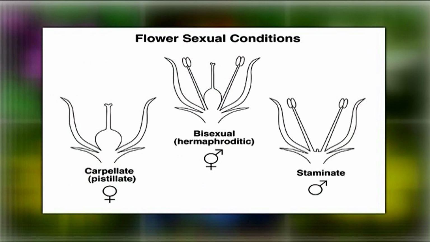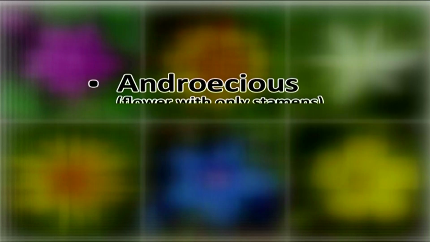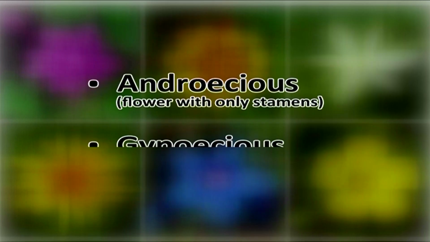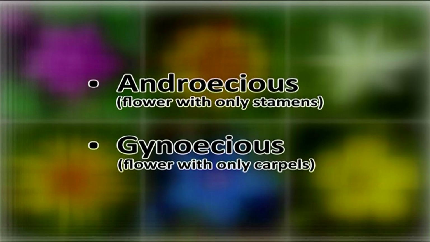Generally, a typical flower has both carpels and stamens. In some species, however, the flowers are unisexual with only carpels or stamens. A flower with only stamens is called androecious, whereas a flower with only carpels is called gynoecious.